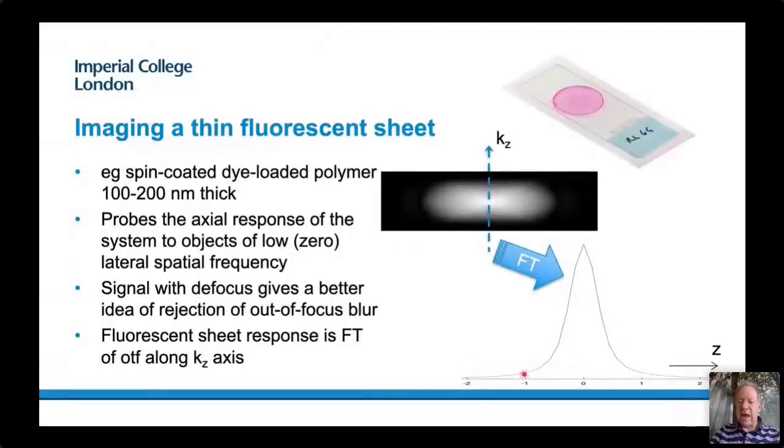So this is telling us how good our microscope is at rejecting out of focus blur. Okay, so in particular, it's telling us what's happening at 0 spatial frequency, how it's rejecting out of focus blur. It's also telling us, by just making this one direct measurement, about what's happening along that axis of our optical transfer function in 3D.